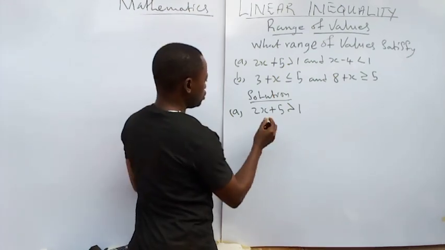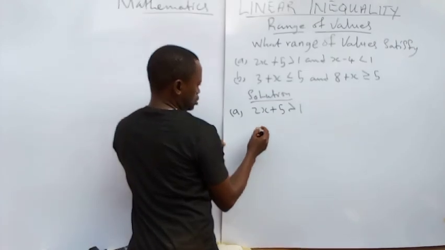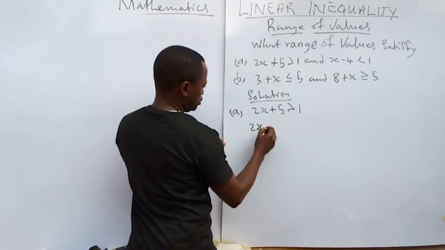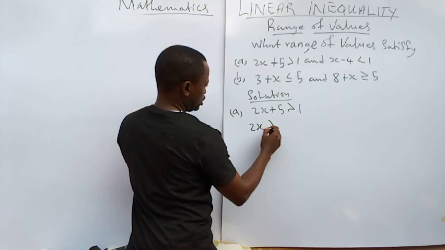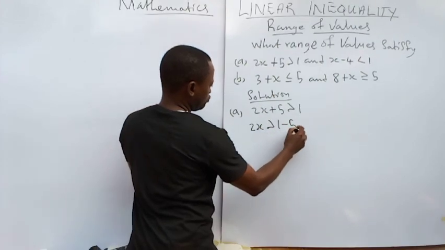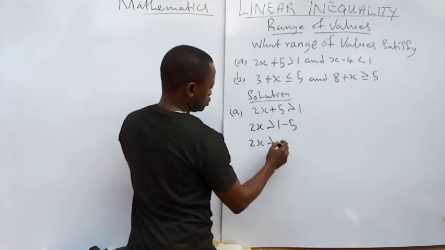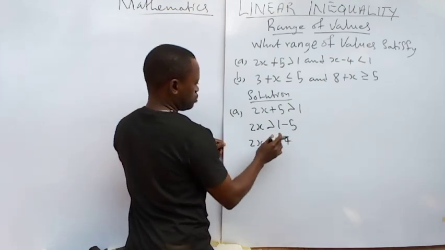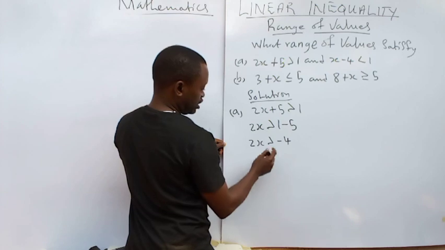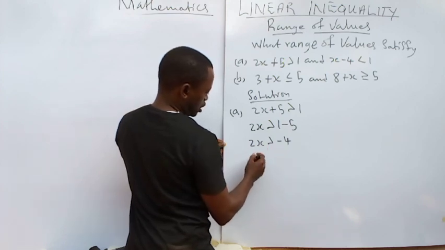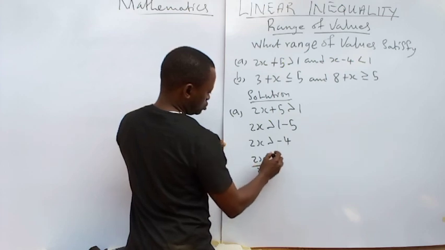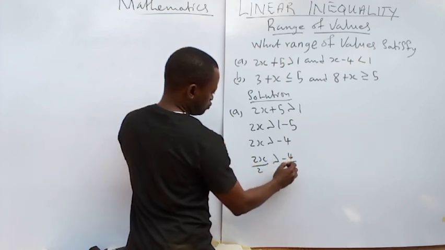So I will collect the like terms and I will have 2x greater than 1 minus 5. So this will be 2x greater than what now? Minus 4. 1 minus 5 is minus 4. So if I divide both sides by 2, I will have 2x over 2 greater than minus 4 over 2.